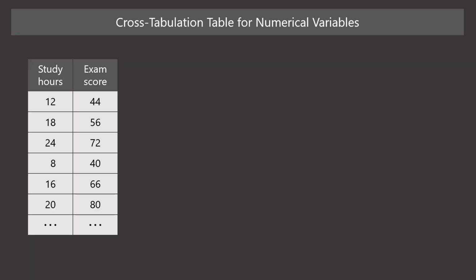If we want to display the relationship between two numerical variables, we can divide them into classes. Here, the term numerical variable is interchangeable with quantitative variable. Here, we have data of students' study hours and exam score.